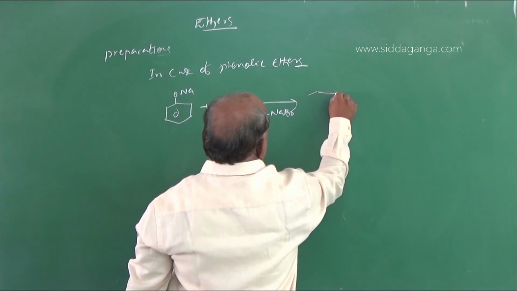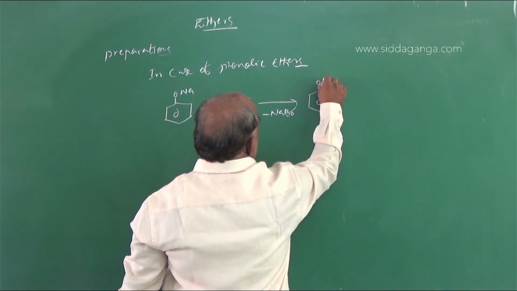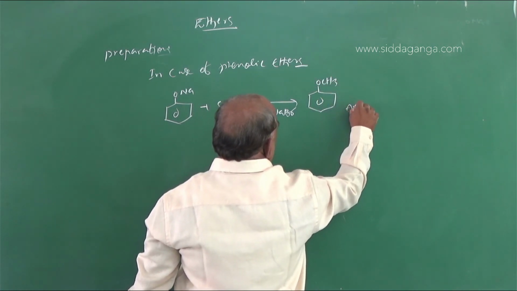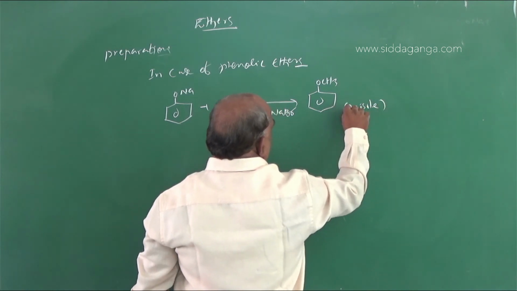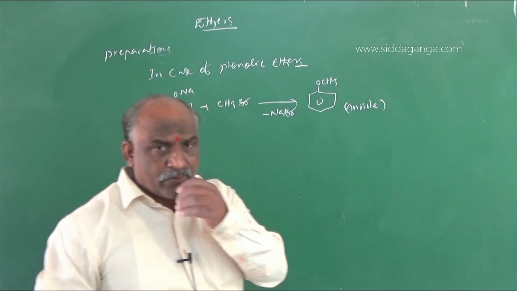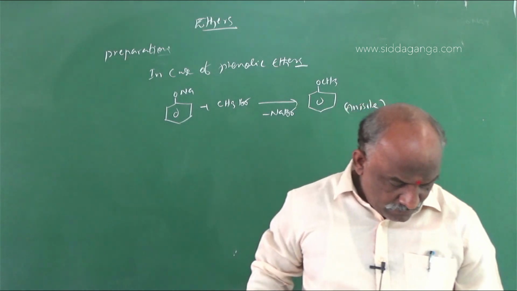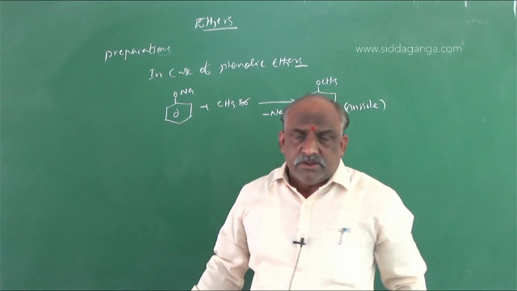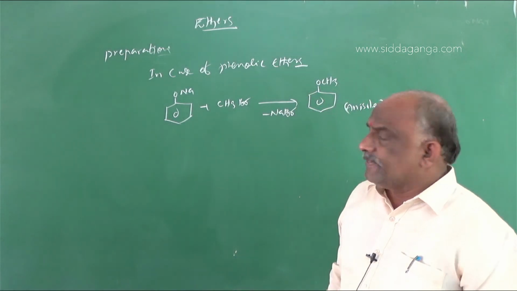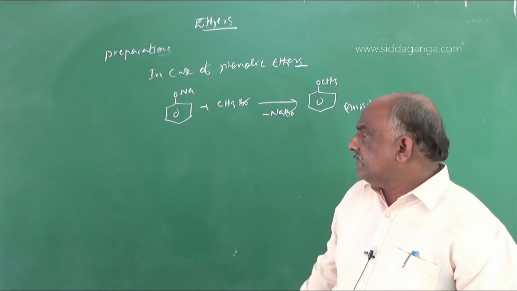What will be the answer? OCH3. This is called anisole. Clear? OCH3 is called anisole here. This is common for phenolic ethers.